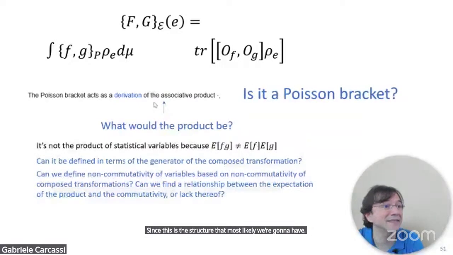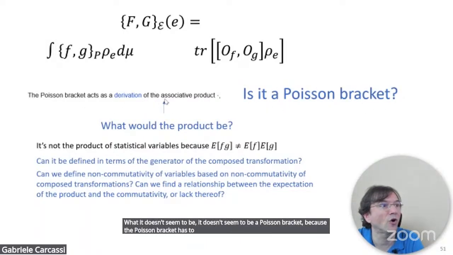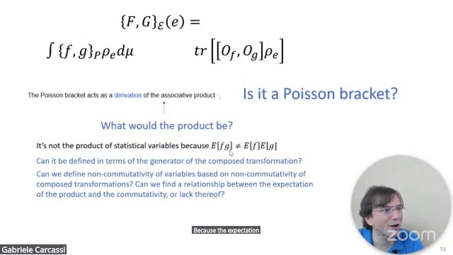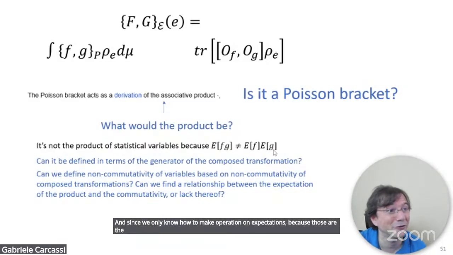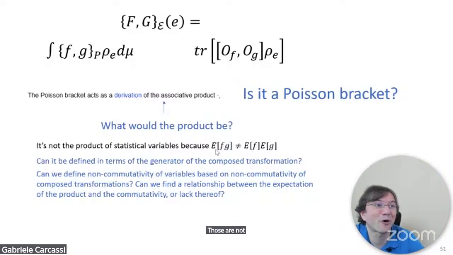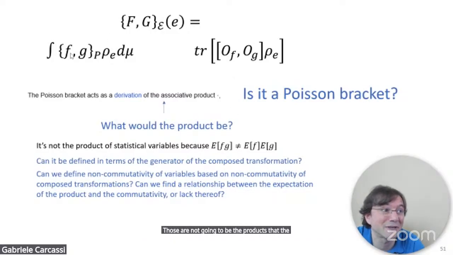What it doesn't seem to be is a Poisson bracket, because the Poisson bracket has to act as a derivation on an associative product, and it's not clear to me what the associative product should be, because the expectation of the product is not the product of the expectation. And since we only know how to perform operations on expectations, because those are the numbers that we have, those are not going to be the products that the Poisson bracket, for example, sees.